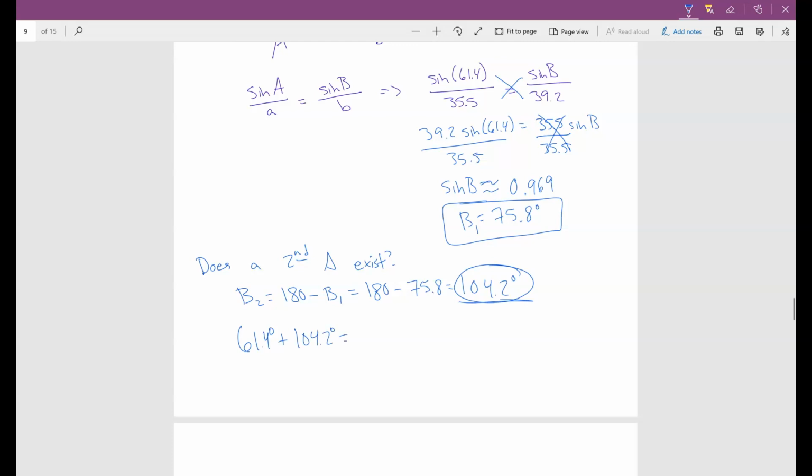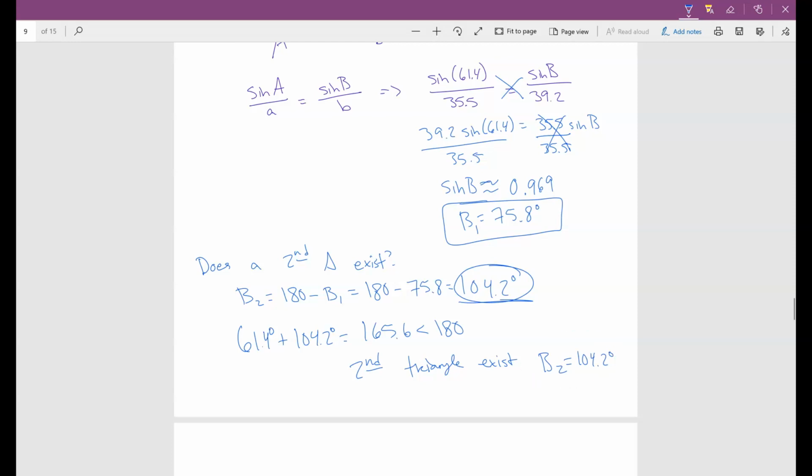So let's see if this is less than 180. 61.4 plus 104.2 is 165.6, which is less than 180. So what does that mean? A second triangle exists. Okay, so that means that B2 equals 104.2 degrees.